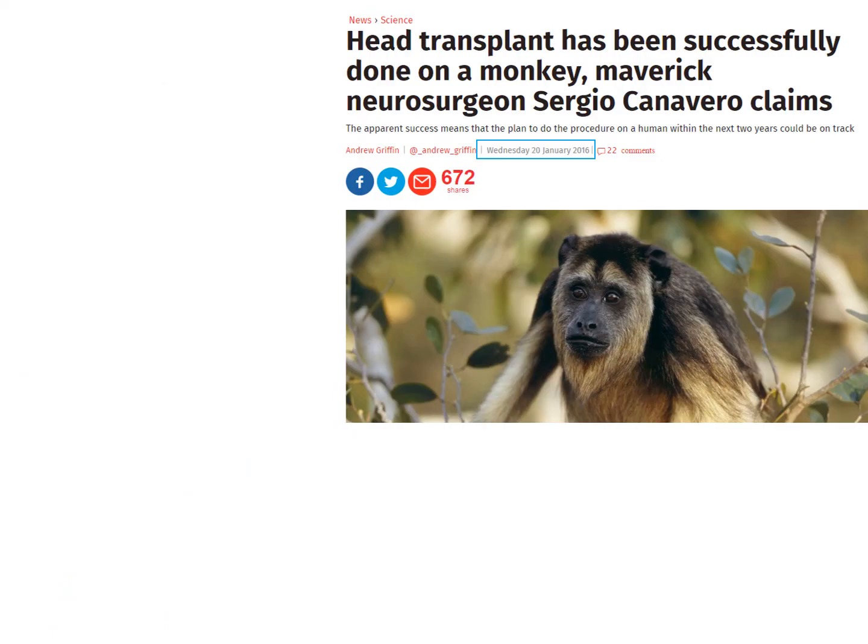So since Canavero first came out and said that he was going to do this head transplant, he's done some work, albeit he has not been very transparent about it and has not followed the normal ethical guidelines required of medical professionals and scientists. But regardless, he has supposedly been able to do a head transplant on a monkey in 2016.